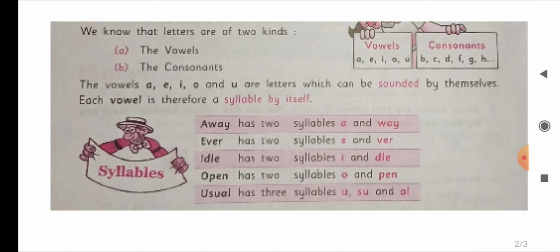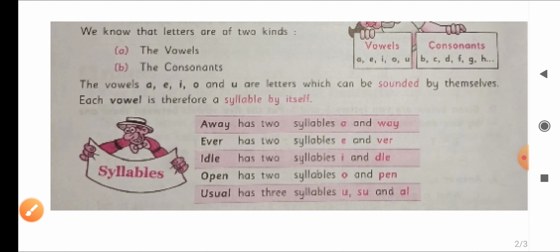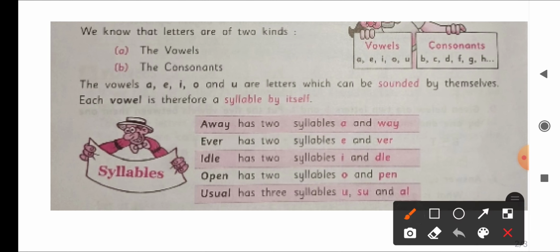Okay, let us see some more examples. Like away. Away is a word. It has two syllables. Okay, what are they? A and way. These are two syllables. A and way together form away.